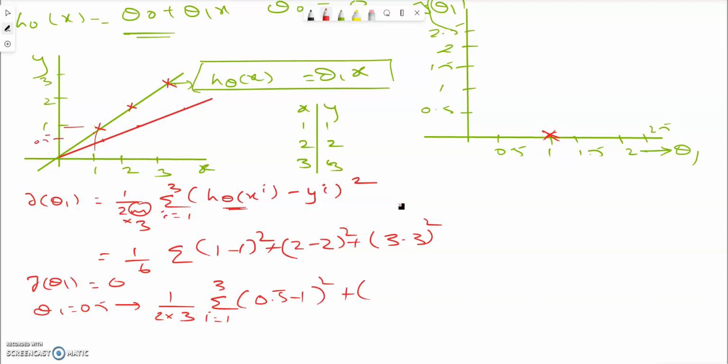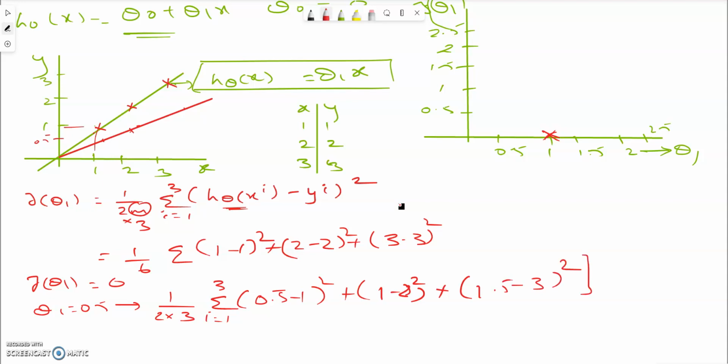In the next point, it will be 1, so 1 minus 2, and here again 1.5 minus 3, whole square.